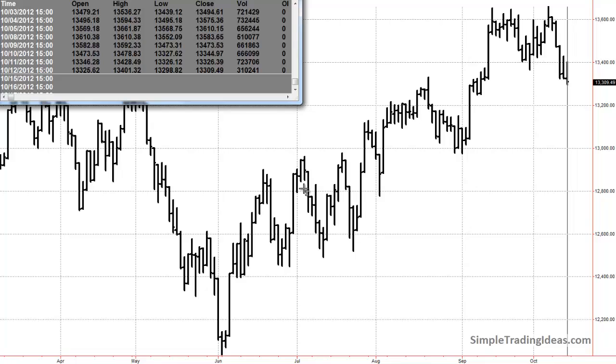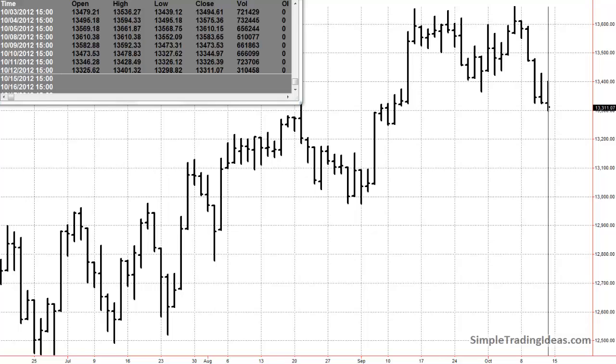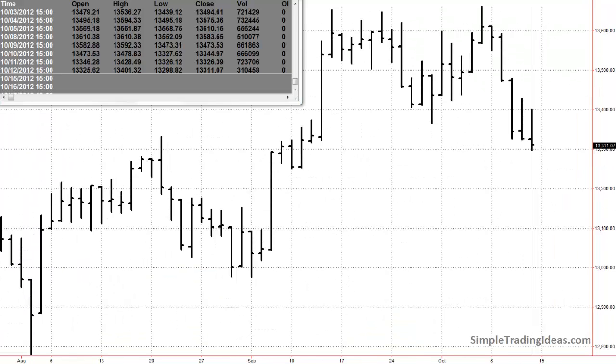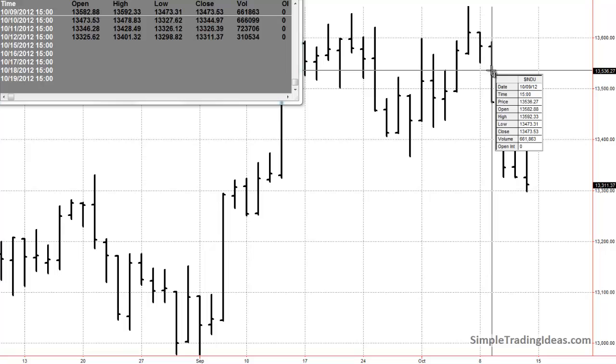So how the chart is constructed is as follows. We'll make these a little bigger so we can see them better. Let's choose this particular day right here.